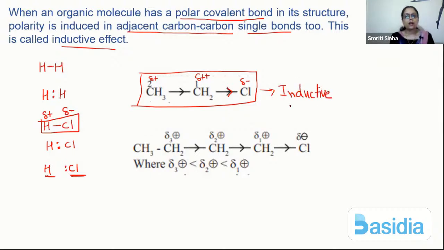Now, what are the things we need to remember about inductive effect? The first thing we need to remember about the inductive effect is that electron will always move from low electronegative atom towards the more electronegative atom.